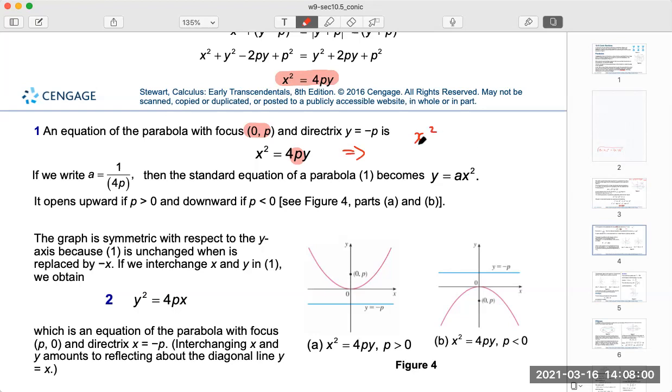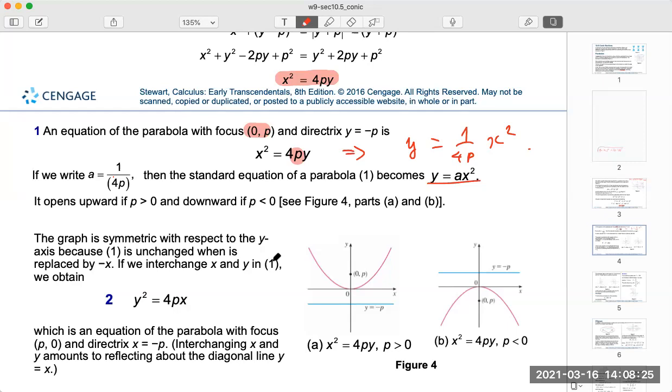Y is equal to 1 over 4p times x squared, with the condition that p is not 0, okay? Then if we define a as 1 over 4p, we have this equation.